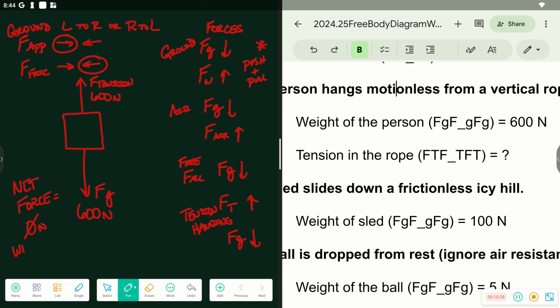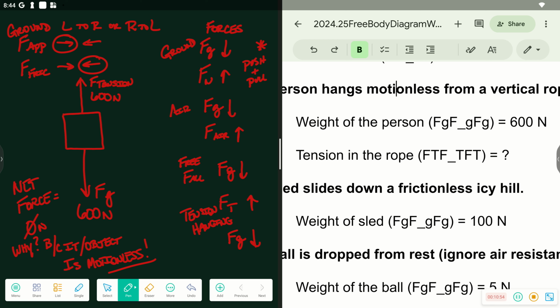Why? Because the object is motionless. Okay? Does that make sense? Hopefully it does.